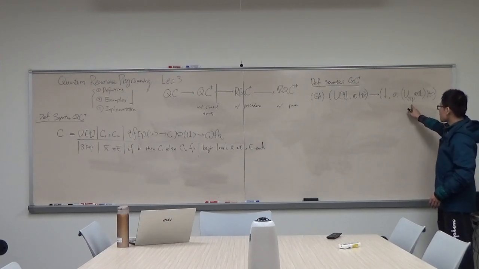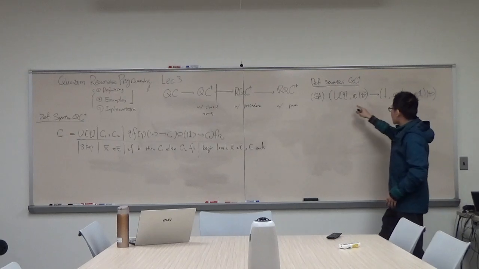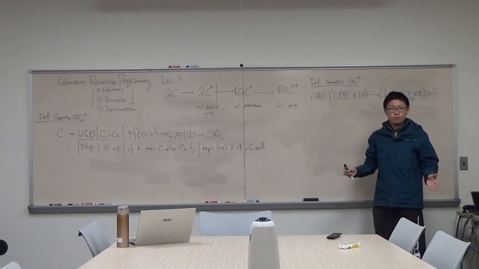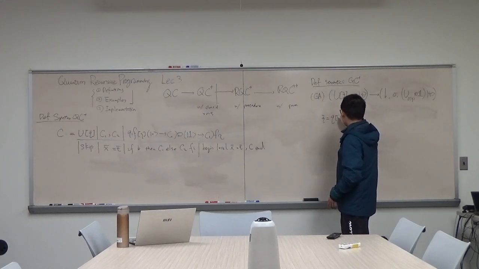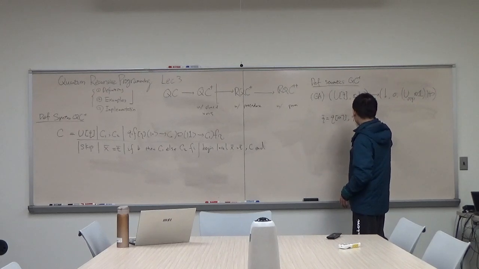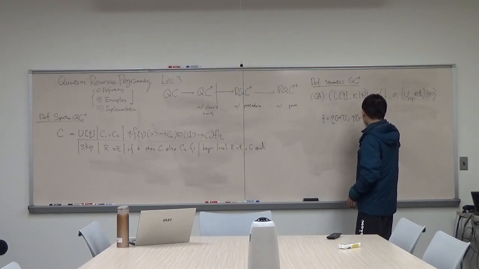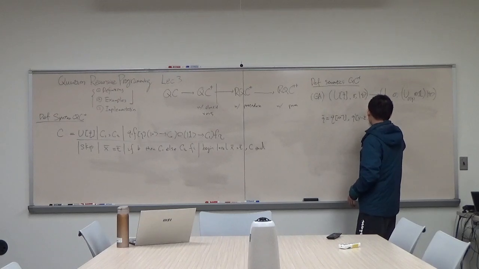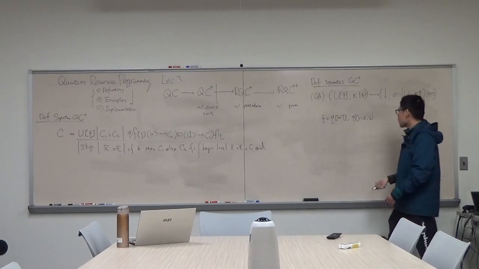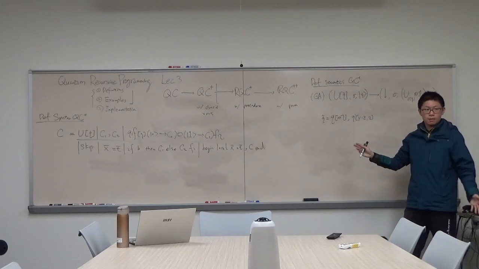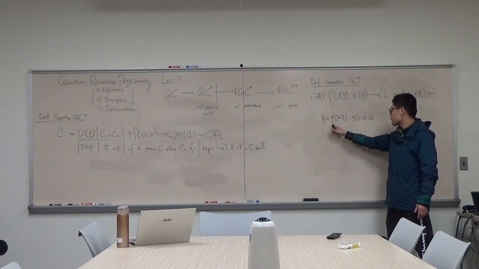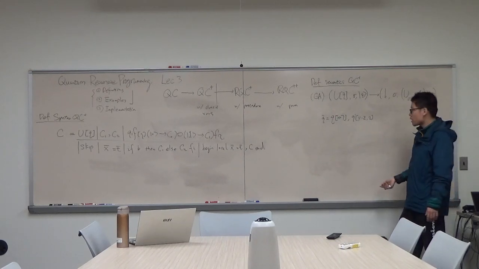What does this mean? Remember, q bar can be a list of quantum variables. So q bar can be something like q x plus 7 and q prime y minus z, 2, or something like this. So q bar is just the list of quantum variables, and each quantum variable also can be a subscripted variable. So q could be an array, and this means the x plus 7's entry in this array.